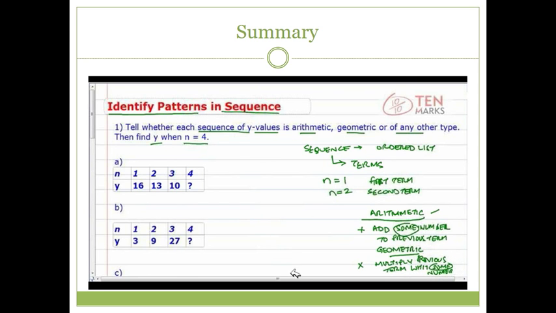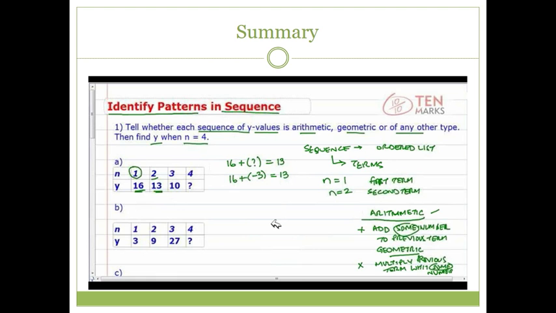Let's learn using the examples given to us on the left. In this case, what do I see? N equals 1, which means the first term is 16. Second term is 13. So if it was an arithmetic sequence, what did I add to 16 to get 13? Well, if I add negative 3, 16 plus negative 3 gives me 13.